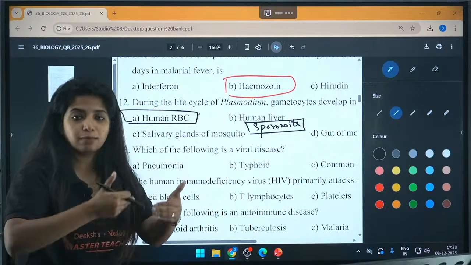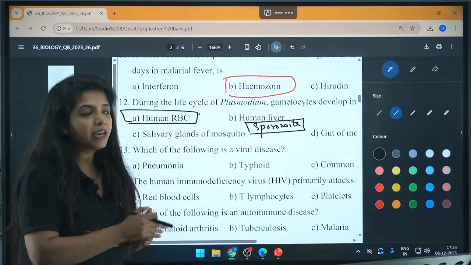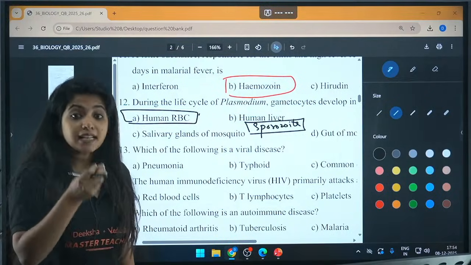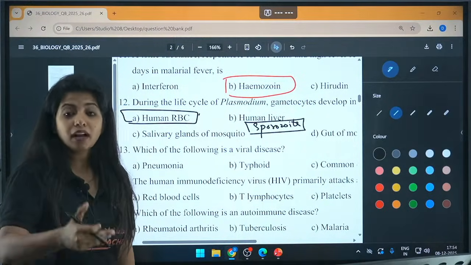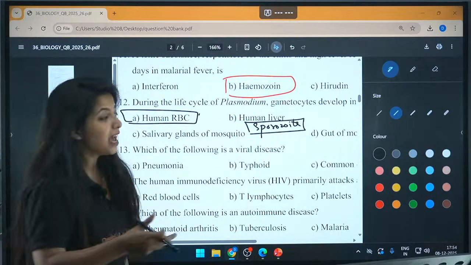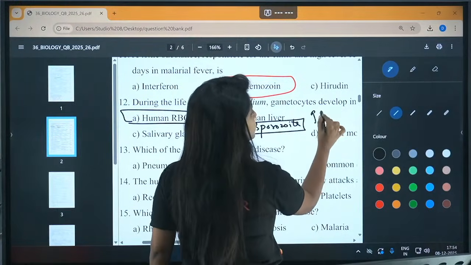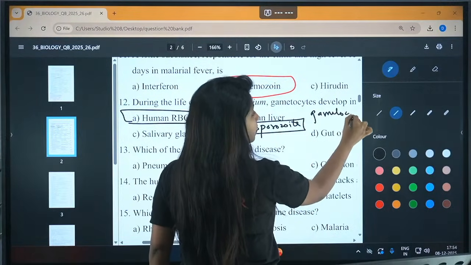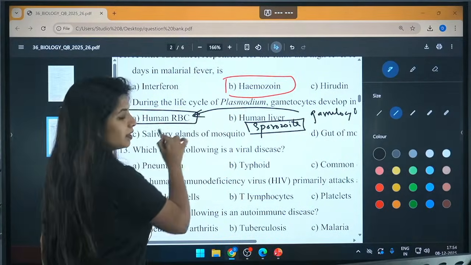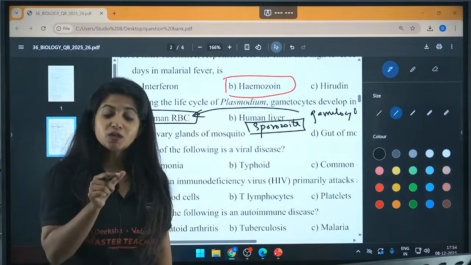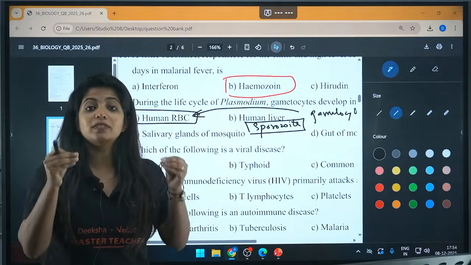You have different names of things happening out there. Then they get into the RBC. In the RBC, as I told you, again they will undergo asexual reproduction, and now they will come out in a different stage. And that particular stage is known as the gametocyte stage. So gametocytes are basically formed inside the human RBC. What are gametocytes? Gametocytes have the ability to form the gametes.